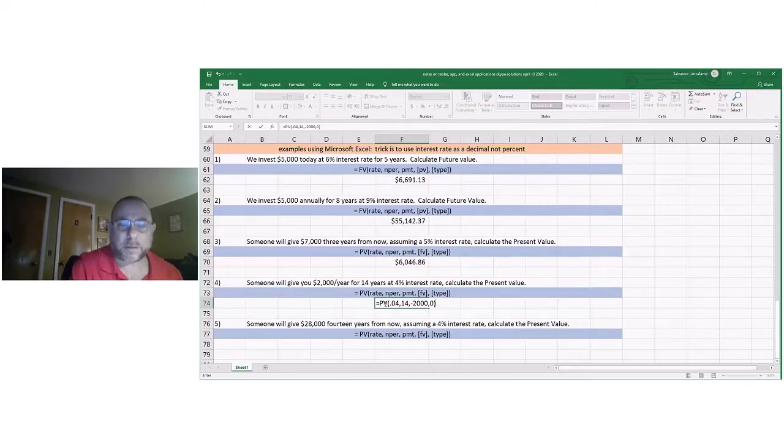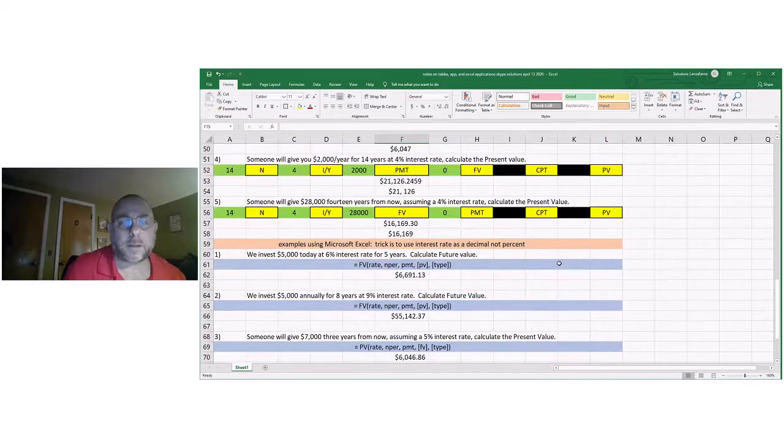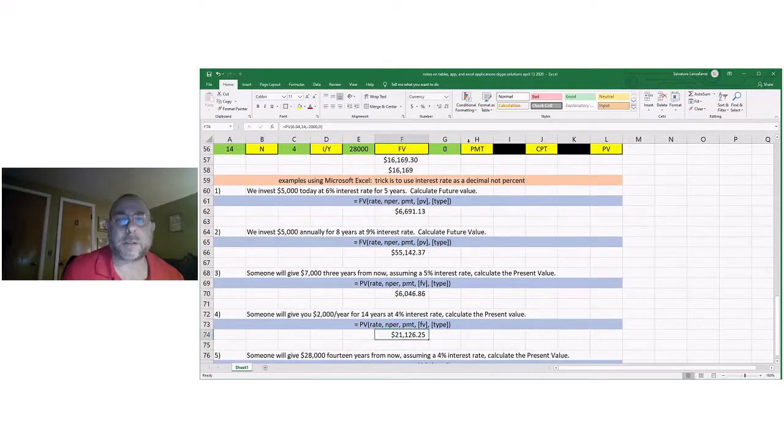One of these always has to be 0. It's either payment is 0 or FV is 0. If you're dealing with present value, either PV is 0 or payment is 0. You have to have a 0 in all of these. And notice we get 21,126.25. Remember the app gave us 0.2459. I could make this go out that far as well.